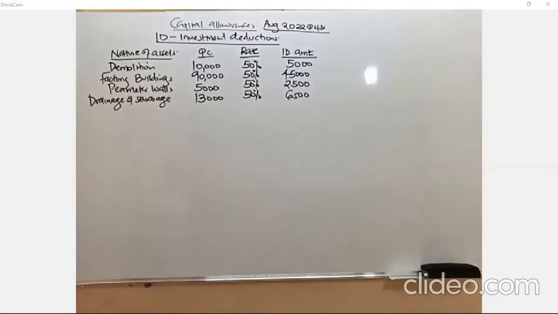Now from there, we look at any other information provided. In this case, there might be information which is going to affect the qualifying cost for the factory building. And that is what I can see under information number 2, where we are being told the factory building above houses a warehouse costing 7 million, admin block costing 7 million, and a showroom of 4 million.